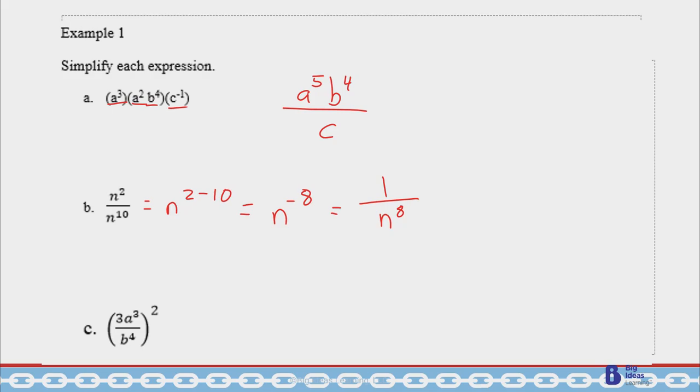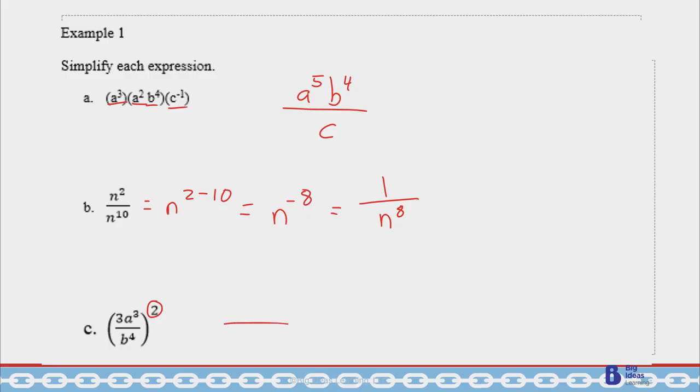For part C here, we have some different things happening. The first thing I see is power of a quotient, right? So I'm going to have to deal with this exponent out here first. That means I am going to square everything inside the parentheses.